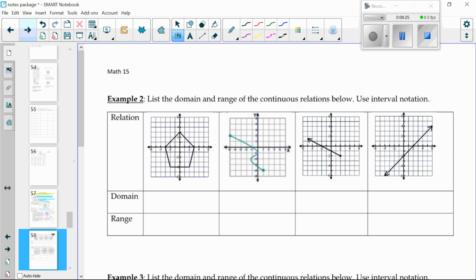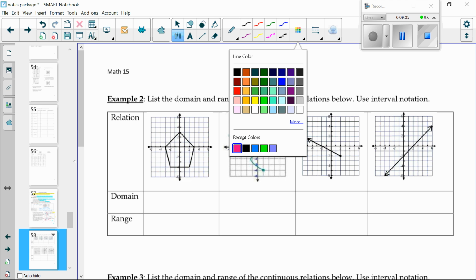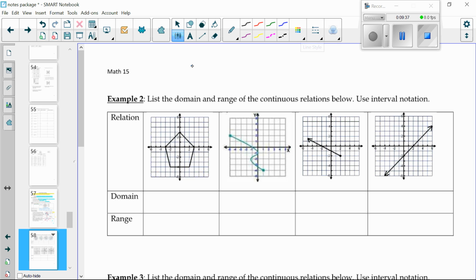Next, list the domain and range of the continuous relations below. Use interval notation. All right. So for this one right here, I'm going to take a look at my lowest value for x and my highest value for x right here. So it falls between -3 and +3, okay?